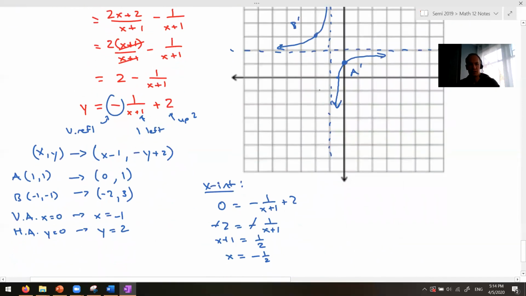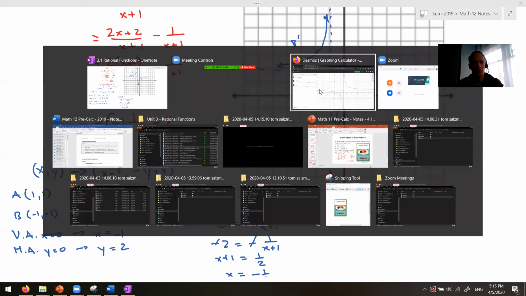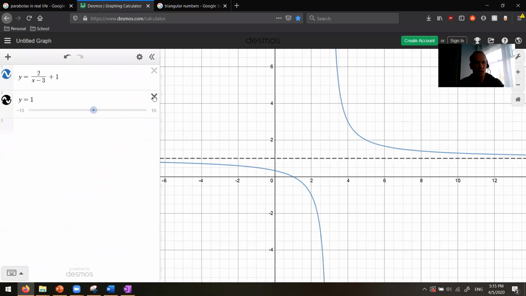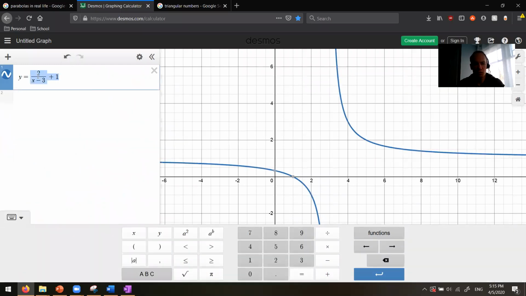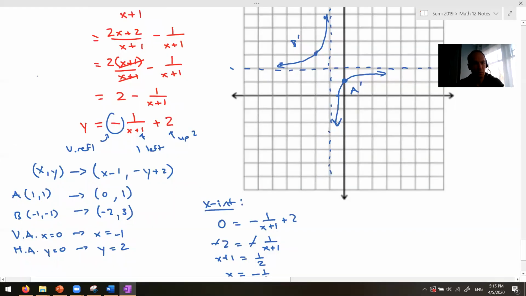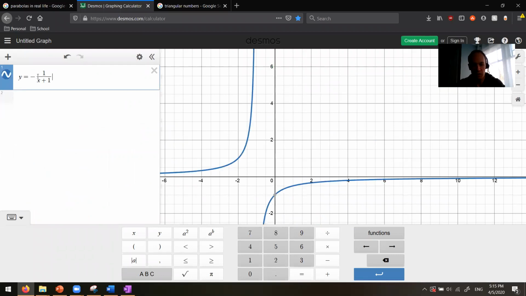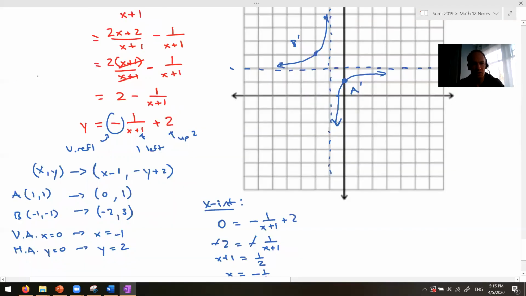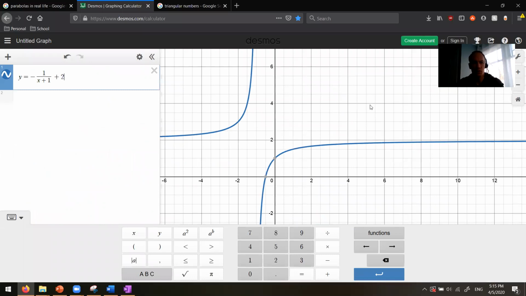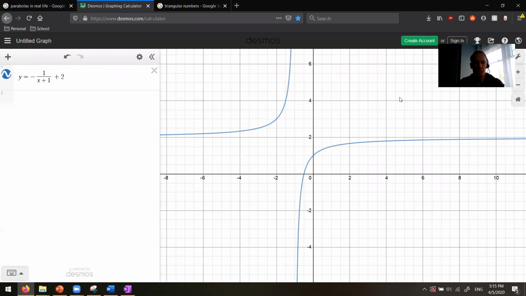Ta-da! Now I said we'd go to Desmos and check, and we better do that, because I already caught myself making one little mistake. The last graph we just had was negative 1 over x plus 1, and then plus 2 at the end. Is that correct? Yep. So there's my graph. Does that look similar to what we have? I believe so.